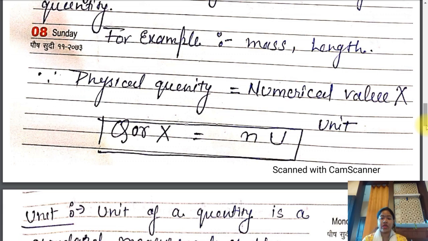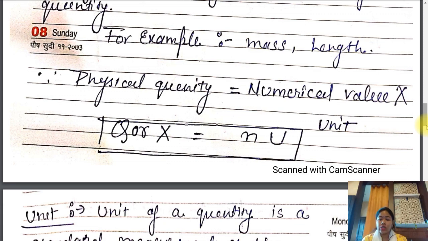For example, if any object has a mass of 20 kg, if we are saying that an object weighs 20 kg, what do you understand by this sentence? 20 is the numerical value into kg.